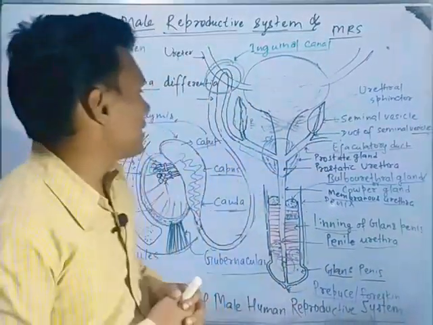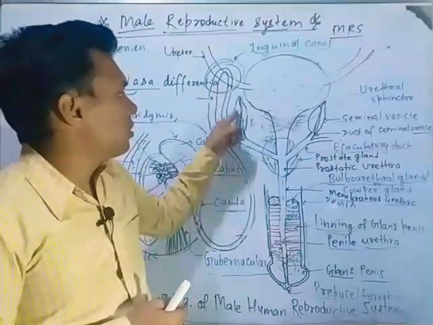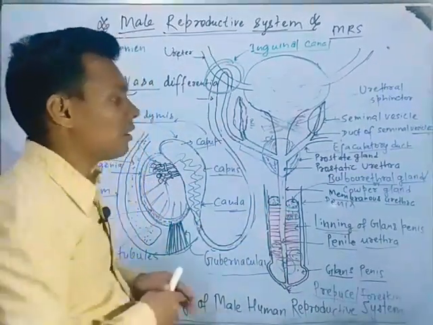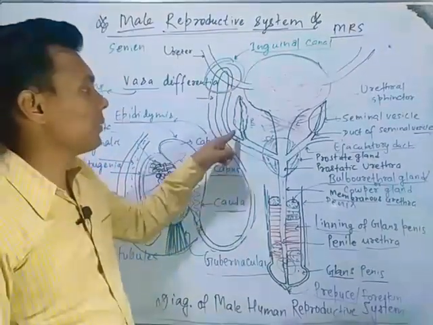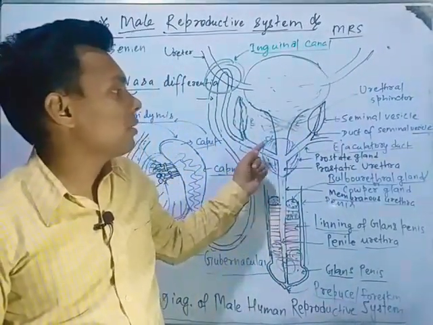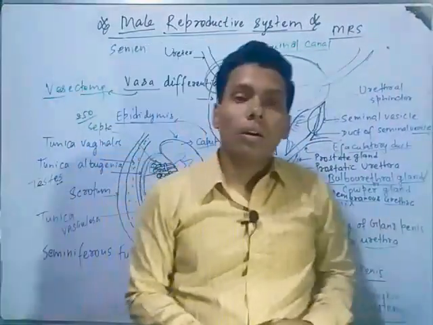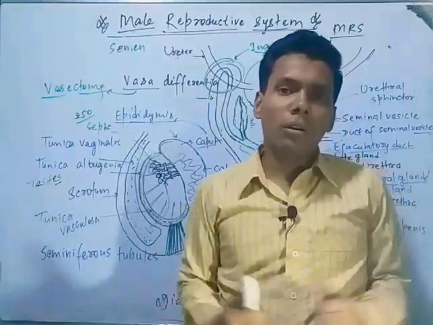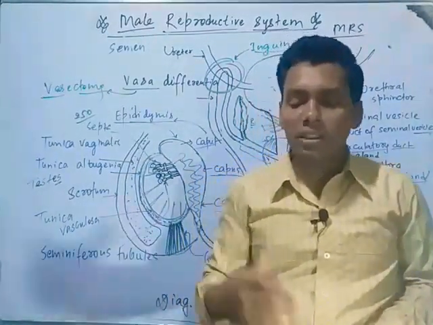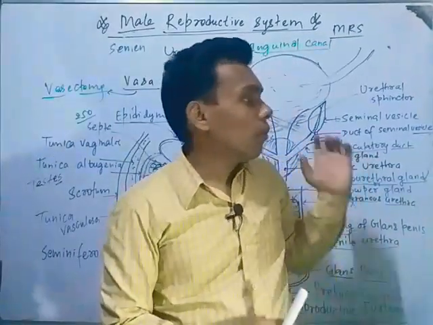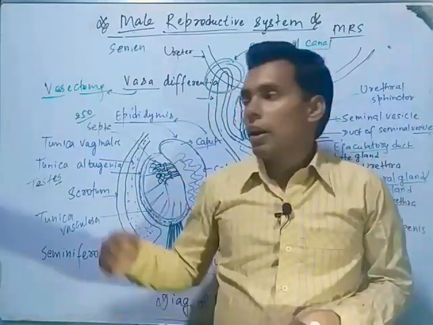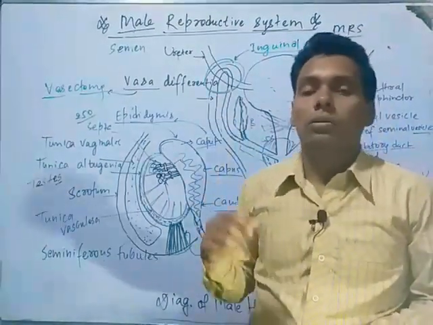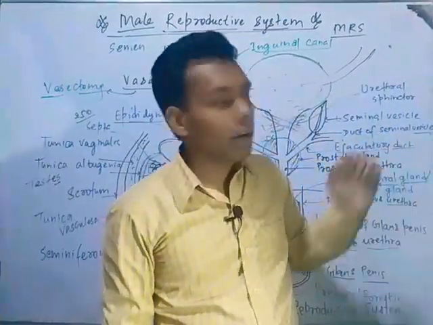Examples of associated glands are the seminal vesicle, the prostate gland, and the bulbourethral gland, which is also called the Cowper's gland. There are two seminal vesicles, one right and one left. In a ventral section figure on the board, the front view, we call one the right seminal vesicle and the other the left seminal vesicle.